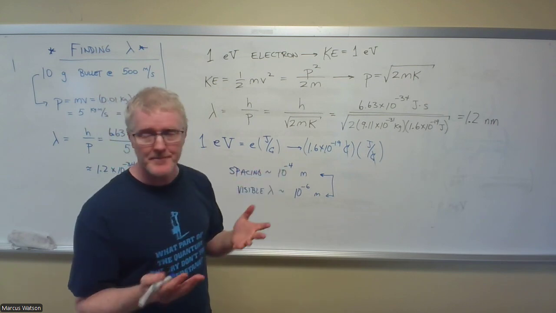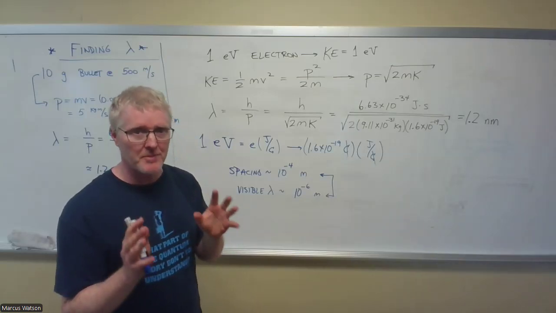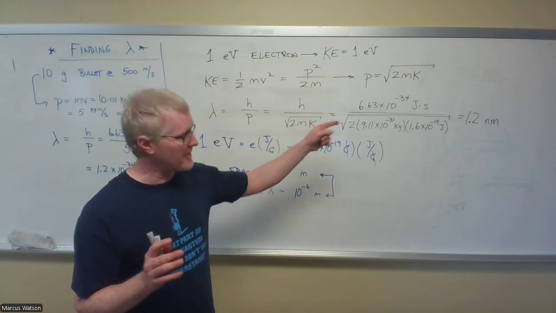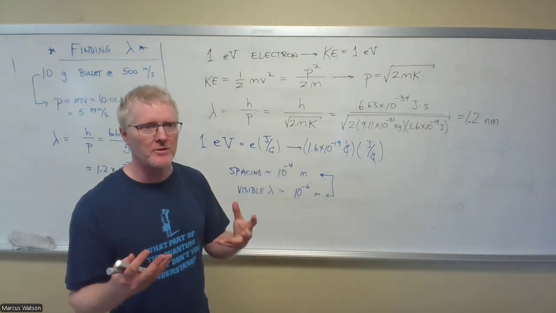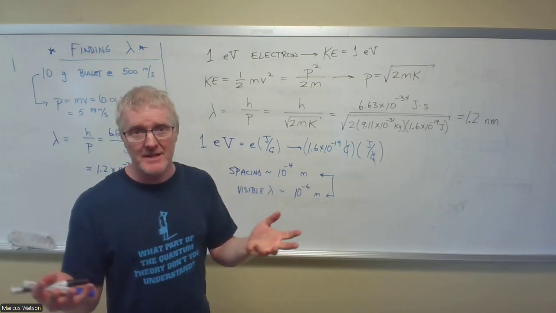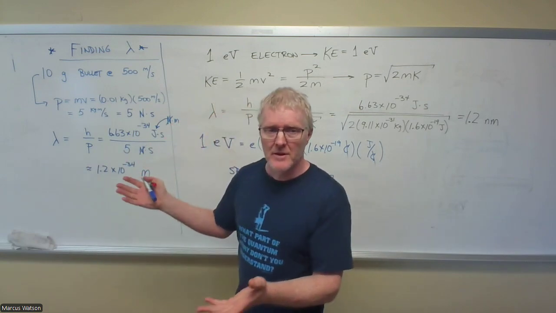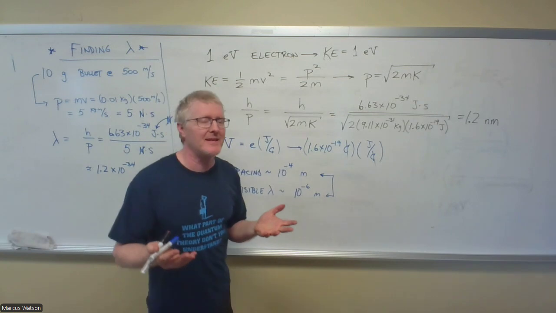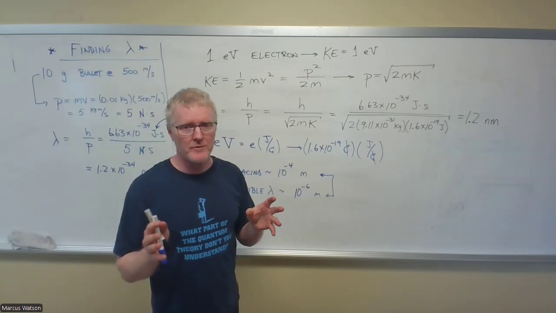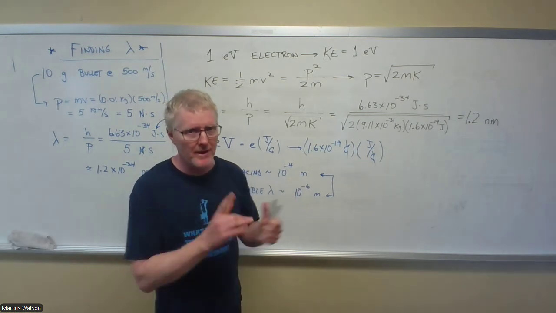So just to give you an idea, this is an active area of research. The question people are asking is, when do we stop seeing this type of relationship? When do material particles stop having a wave-like nature to them that's detectable? Right? Now, in principle, the answer is never. But I will tell you that it is pretty unsettling, because what they've managed to do, I don't know if you know what a buckyball is, but it's a set of 60 carbon atoms, not just one electron, right?